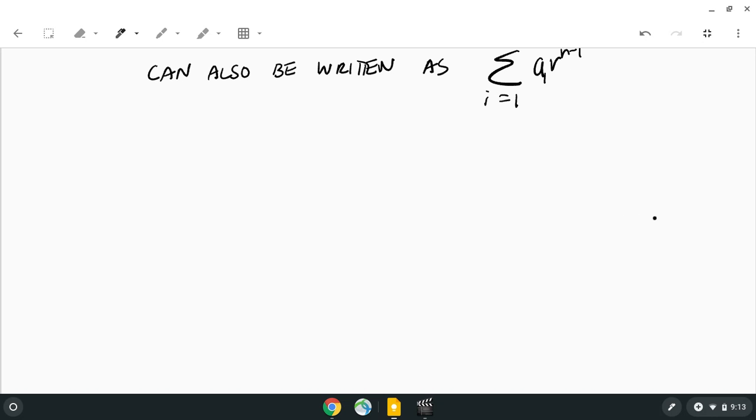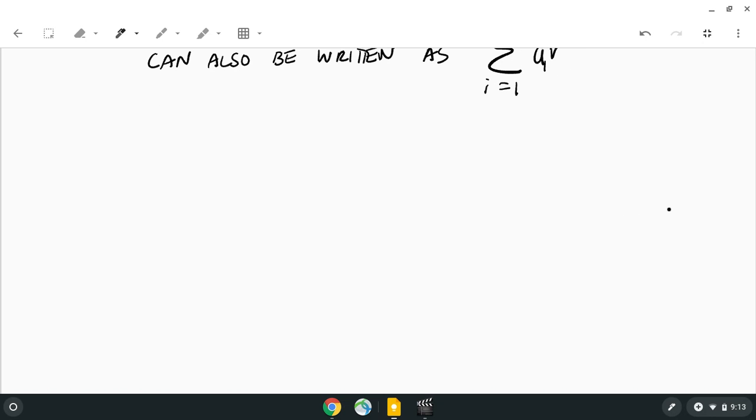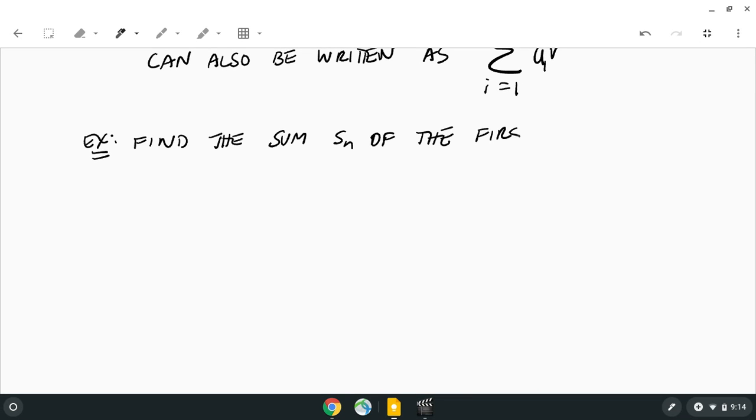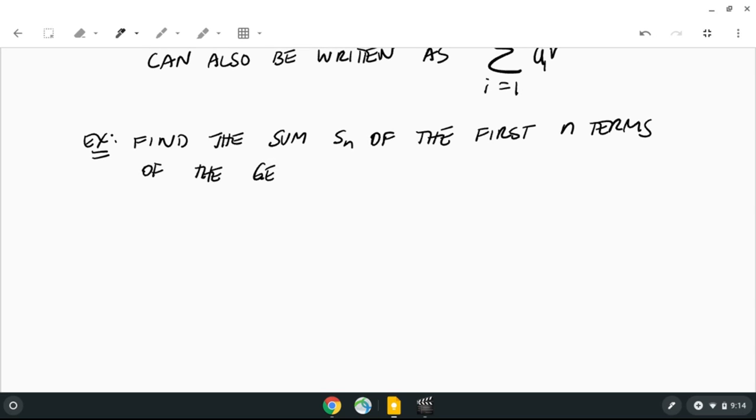All right, so let's take a look here. Find the sum Sn of the first n terms of the geometric sequence 6, 2, 2/3, 2/9.